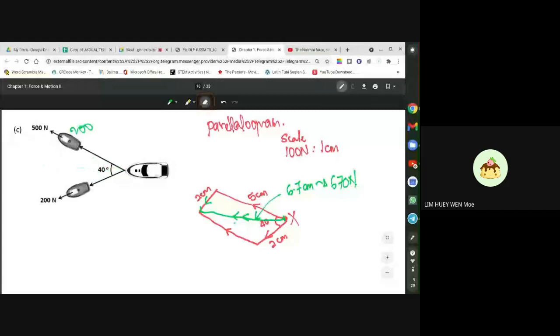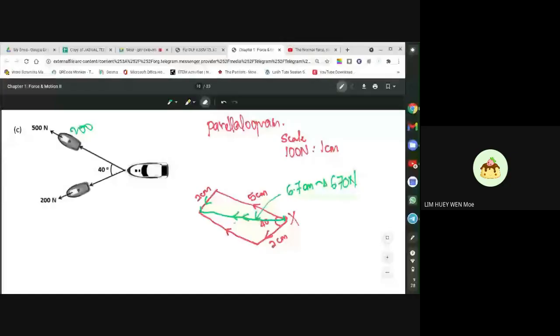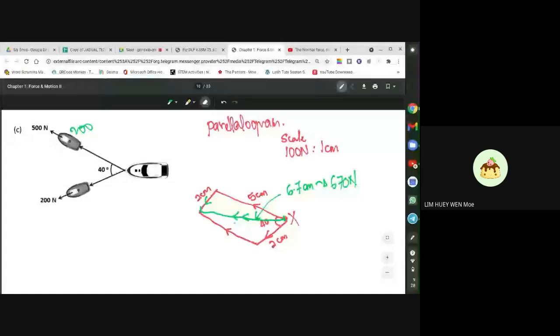So I take 180 minus 40, and I get 140. Then I use a squared plus b squared minus 2ab cos 140, and take the square root. I get 574 Newton, which is very different from the one that I got using the drawing.